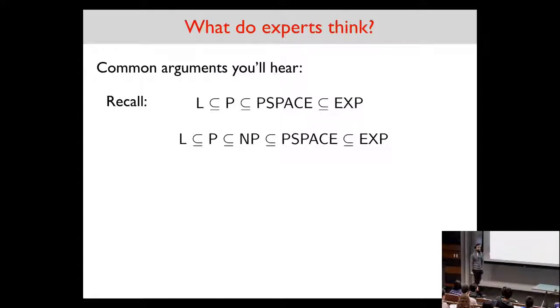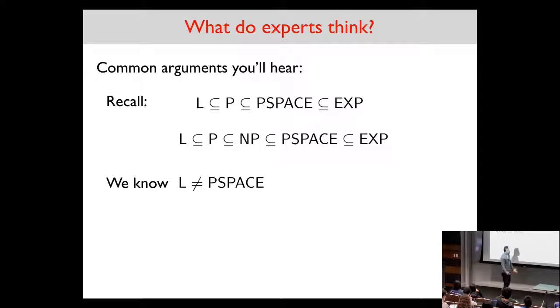We're not proving this, but it turns out L is contained in P. We saw P is contained in NP, and it's not hard to show that NP is contained in PSPACE. But now, here's the thing. We know that L is different from PSPACE by the space hierarchy theorem. That means that either L has to be different from P, or P has to be different from NP, or NP has to be different from PSPACE. They cannot be all equal.